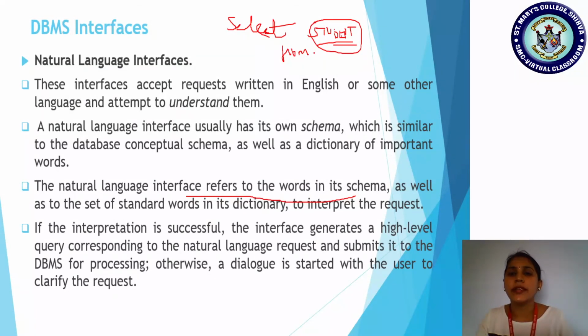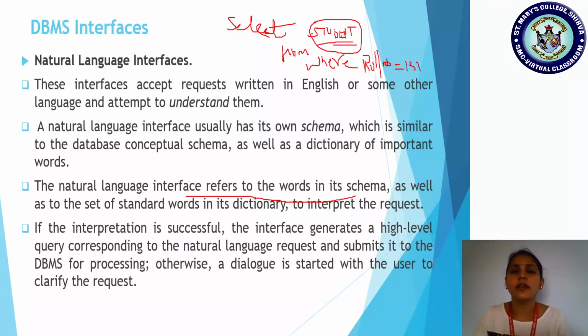Select from student where. Here, where is also natural language. Select from student table or student database file where means we are putting the conditions now. Where roll number is equal to 131. Are you all understanding?